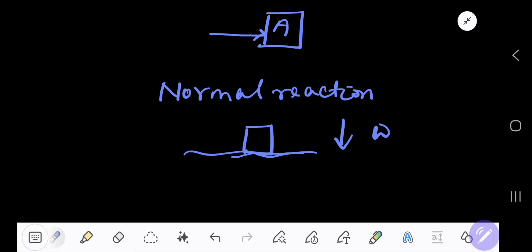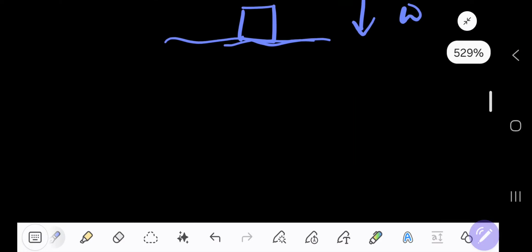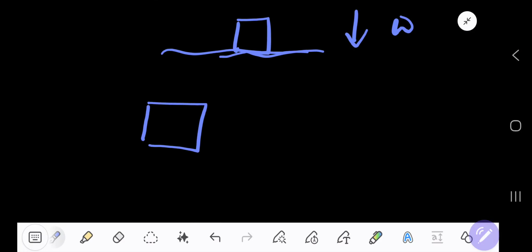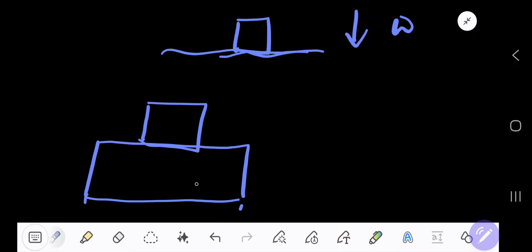So, if you have a box kept on a table, the box will not fall even though it's exerting a force equal to its weight on the table.